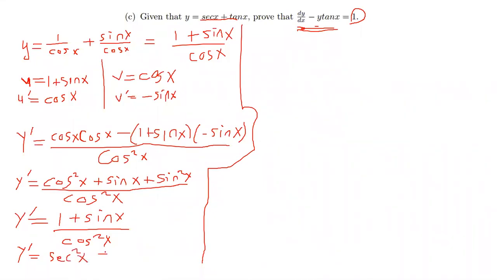Then plus this sine x over cos squared x will just give me tan x. Then this other part will be sec, sorry, this will also be sec x.